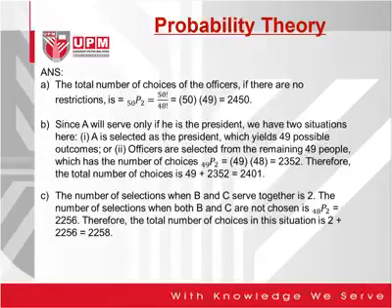There are no restrictions. So the answer is first position 50, second position 49. So the total is 2450. Okay, B, A will only serve if he is the driver. So A said that if you want to employ me, I must be the driver. So what is the answer?